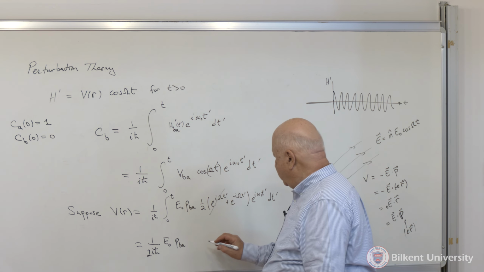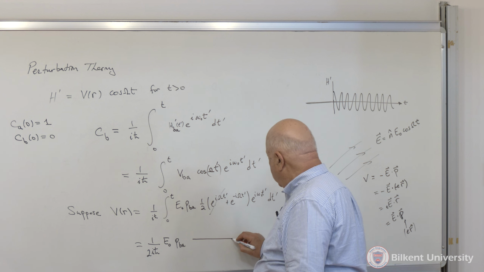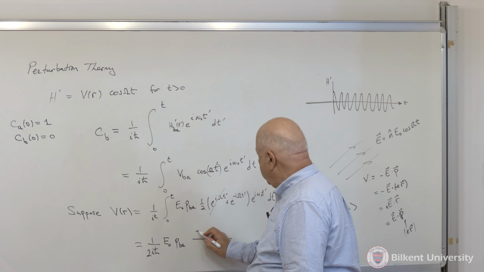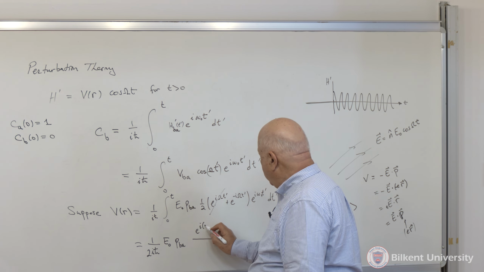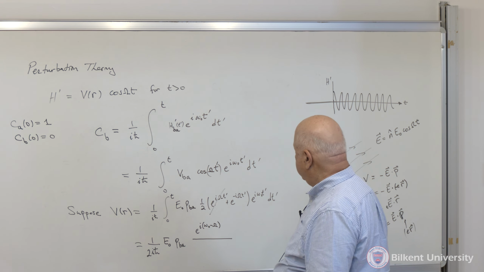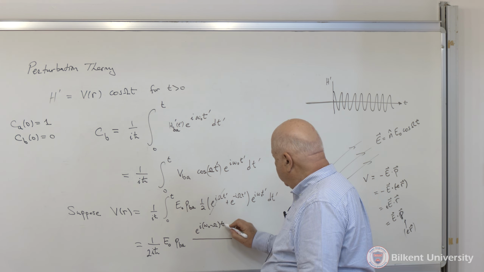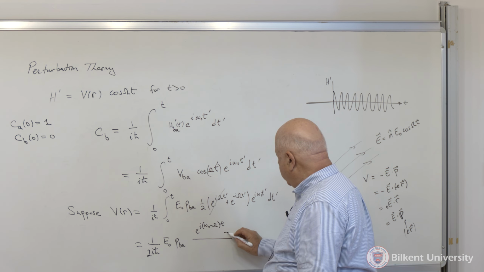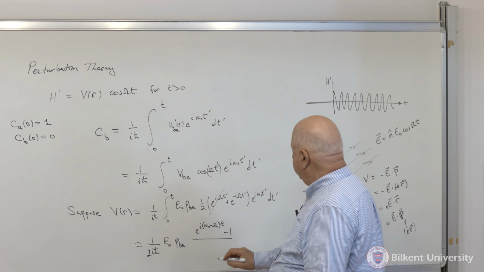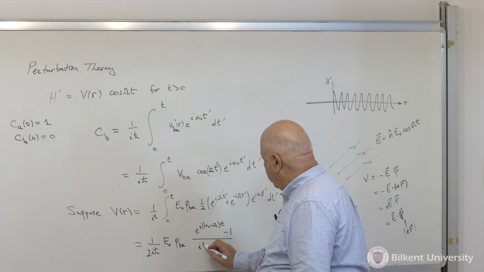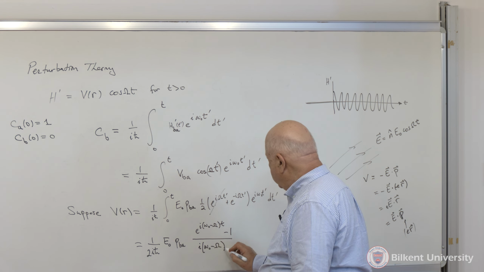That's again an easy integral. It's going to be e to the i omega 0 minus omega. You see this factor appearing here again. The upper limit is t, the lower limit is 0, so minus 1. But I have to divide this by the coefficient of t, so it's going to be omega 0 minus omega.